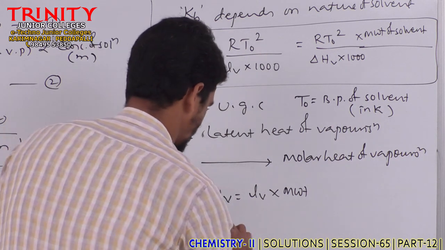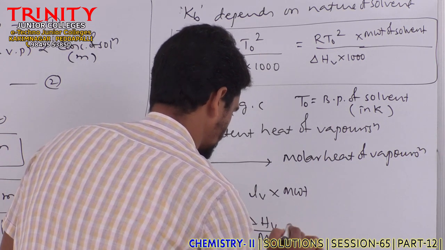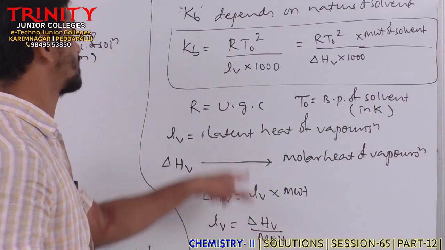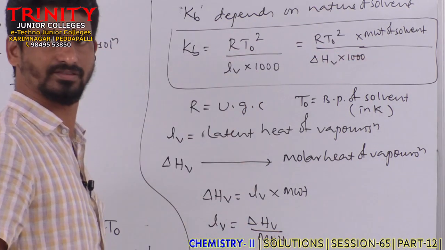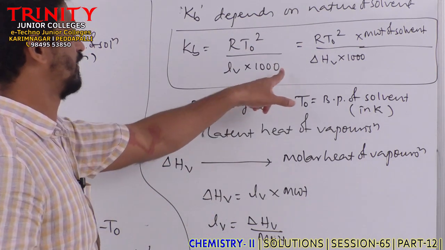So from this, LV equals delta HV by molecular weight of solvent. When we substitute this term here, we get it like this. In this way, Kb equals RT naught square by LV into 1000.